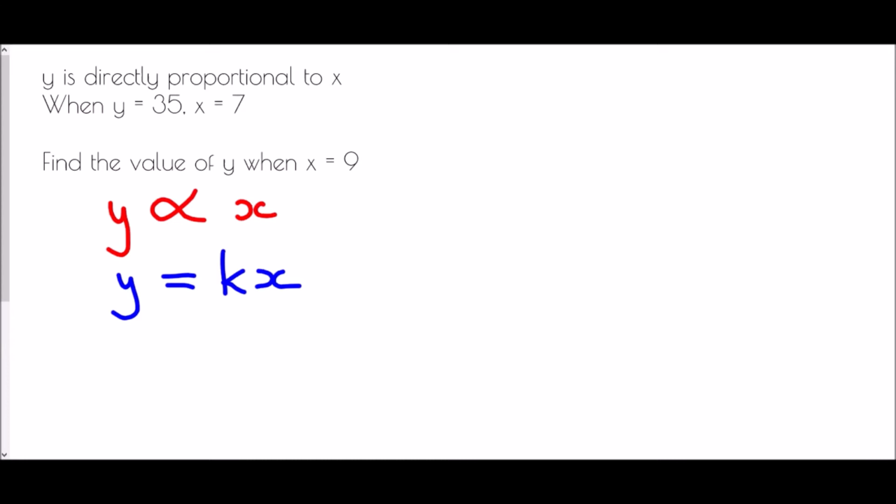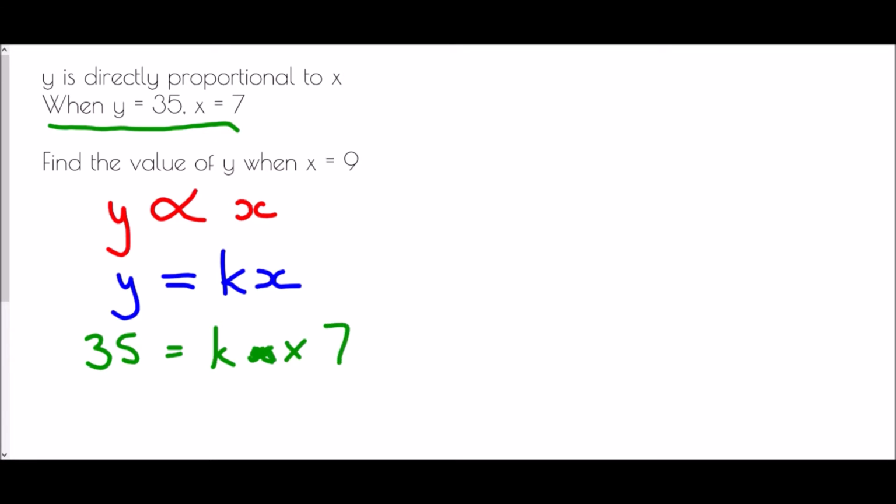Now, because we have y equals kx, how do we use that in order to actually solve the problem? Well, it comes to the second line of our question. When y equals 35, x equals 7, that is telling us a relationship where we can substitute those values in. So y becomes 35, k remains exactly as it is, times x, which is 7.